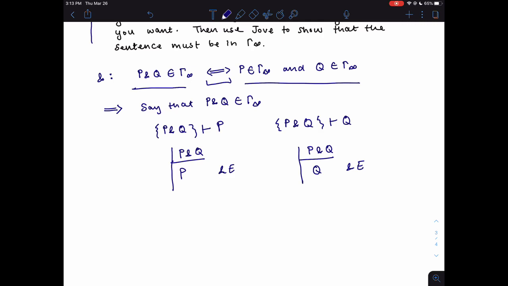Okay, so we know that the set containing P and Q is a subset of gamma infinity. So we know that gamma infinity allows us to derive P, because we assumed up here that P and Q is a member of gamma infinity. And what this derivation tells us is that gamma infinity allows you to derive Q. Now we're in a position to apply JOVE.